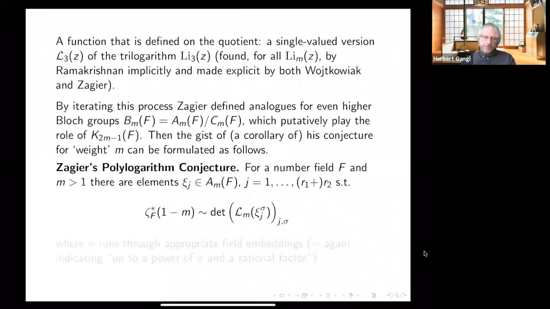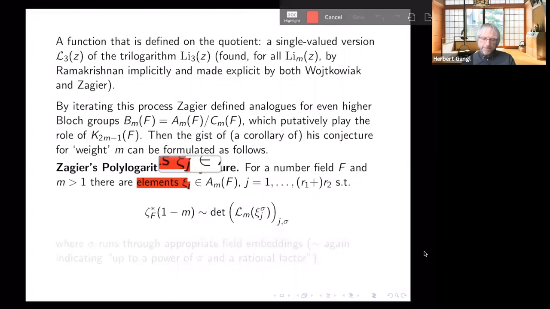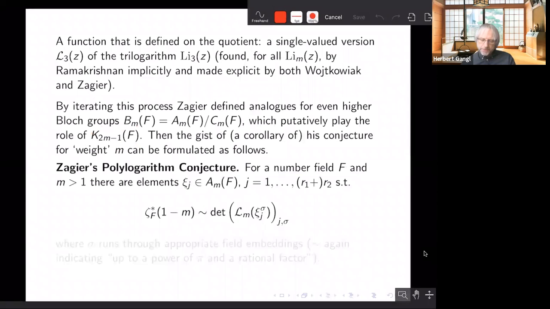And it says, essentially, for a number field F and an integer m greater than 1, there are sufficiently many elements psi_j in those groups Am of F. And the number of how many one wants, this is our dm. So that's the rank of the corresponding group K_{n-2} of OF.